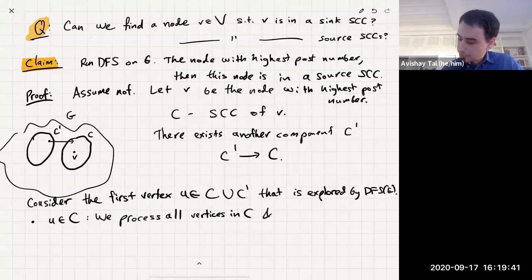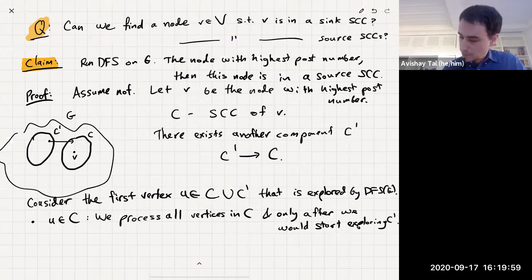And only after, when we continue DFS from maybe another node, we would start exploring C prime. So meaning, we would sort of reveal all these nodes in C, and then we would backtrack.